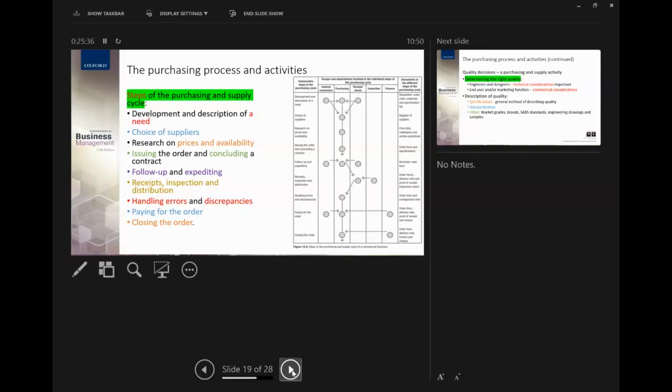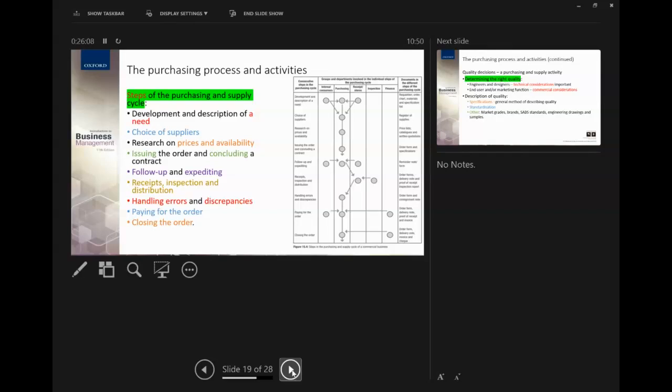After the need is established, they choose which supplier would be most ideal to fulfill this need. Sorry, first the choice of suppliers: we make a list of various suppliers that could fulfill that need. Then research on the prices and availability. Availability means we're looking at quantity and so on.